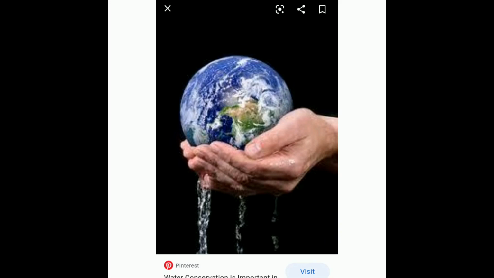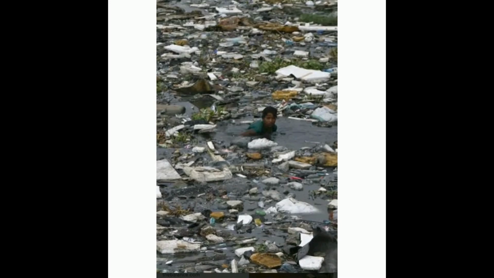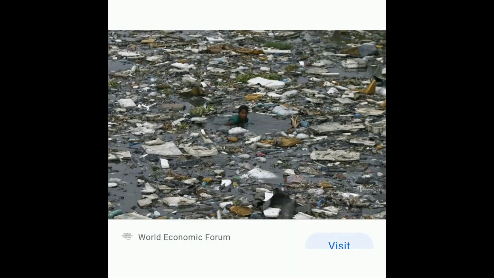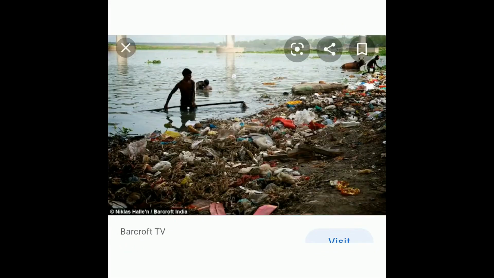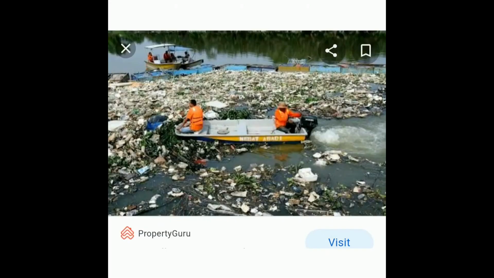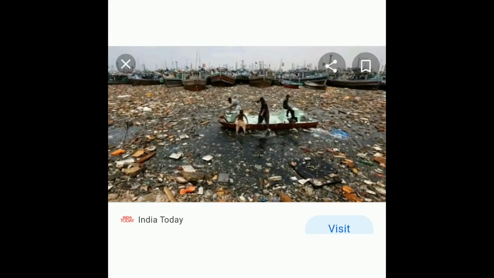We now understand that only a small percentage of water is available to us for our uses. But what is the condition of these pure water resources? Observe these pictures. What shocking pictures they are. All the pure water resources that can be used for household purposes, agricultural purposes, etc. are polluted in a terrible way.